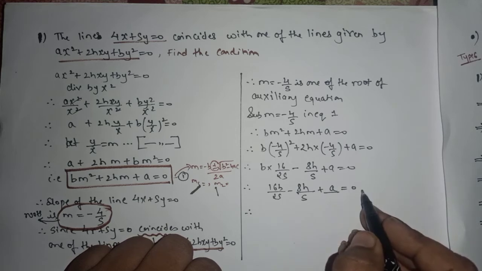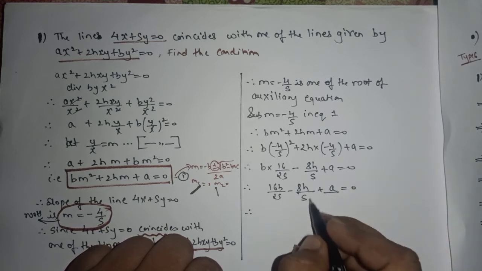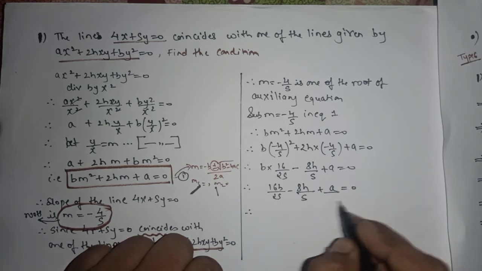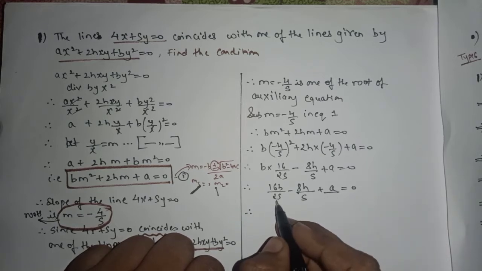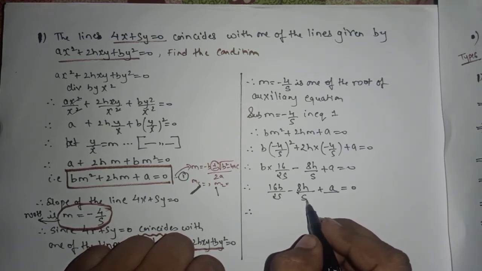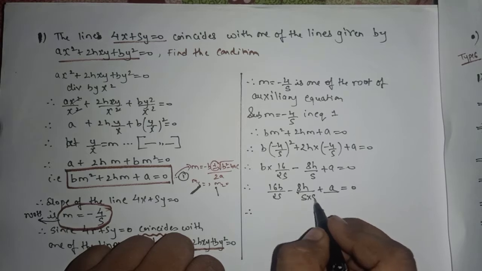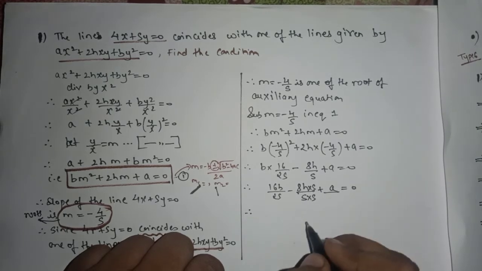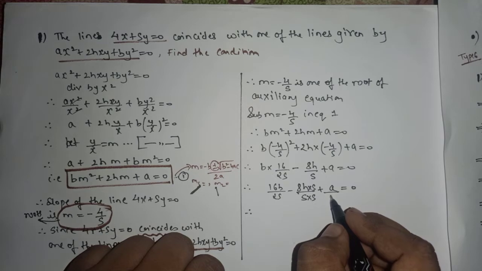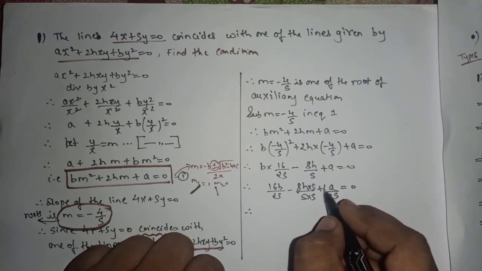Multiplying throughout by 25, or else make the denominators the same. As here it is 25, we'll make this denominator also 25. So we require 5, so we'll multiply and divide by 5. Here we require 25, so we'll write 25 multiplied by 25.